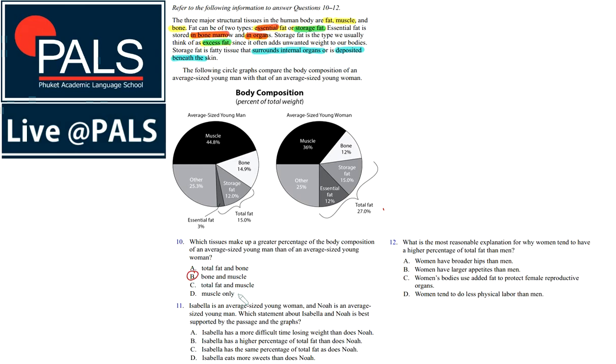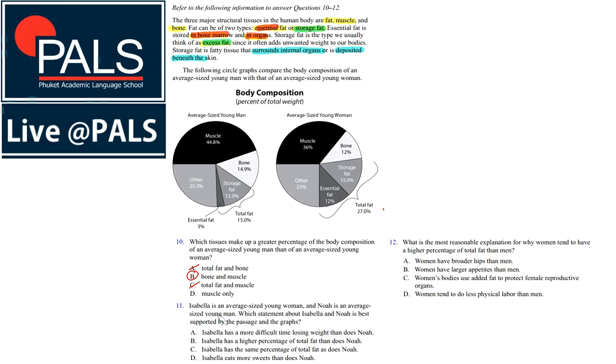That sounds reasonable. Total fat is less in men than women, so we can exclude A and C. Muscle only? Not really, because almost 3%, 2.9, of bone definitely plays a role here.